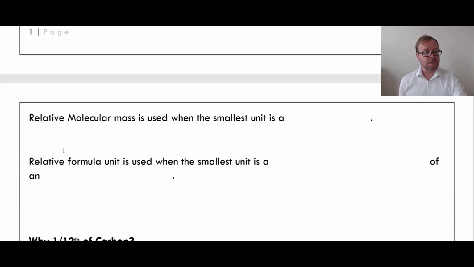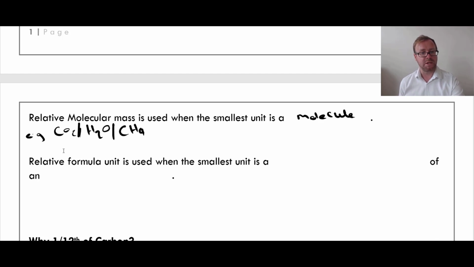So when do we use these phrases and definitions? Relative molecular mass is used when the smallest unit is a molecule, e.g. CO2, H2O, methane. These are all molecules.